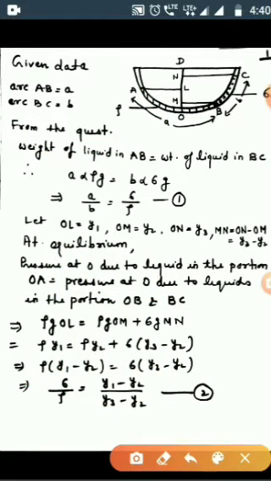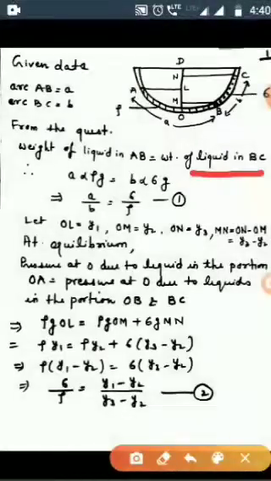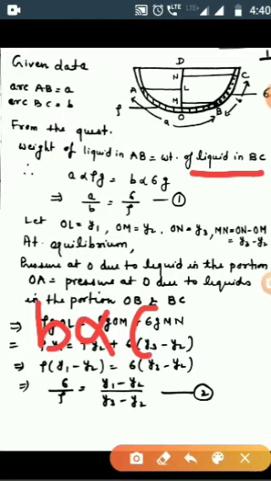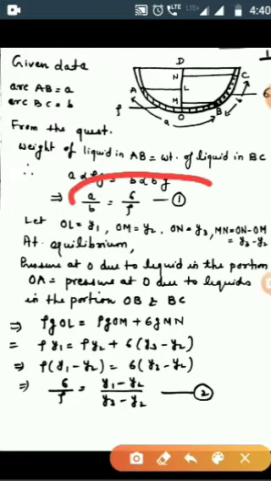Similarly, the weight of the liquid in the portion BC is arc length b multiplied by cross-sectional area, density sigma, and g. Both must be equal, so after calculation we have equation number 1: a by b equals sigma by rho.